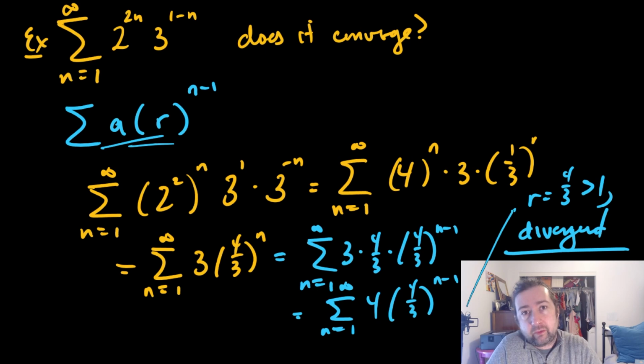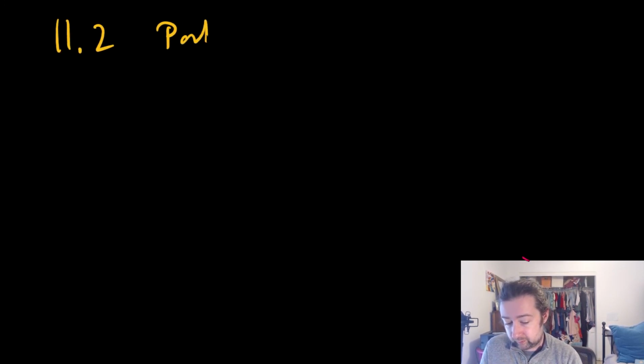All right, so that covers the first part of the series chapter, and the definition of a series, the idea that it is a sequence of partial sums. So what did this video cover? This is the first part of 11.2, so this is 11.2 part 1. We talked about the definition of an infinite series.